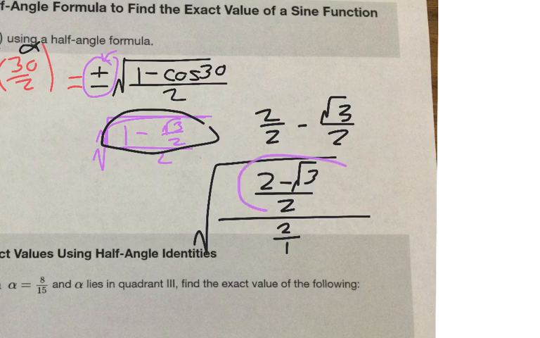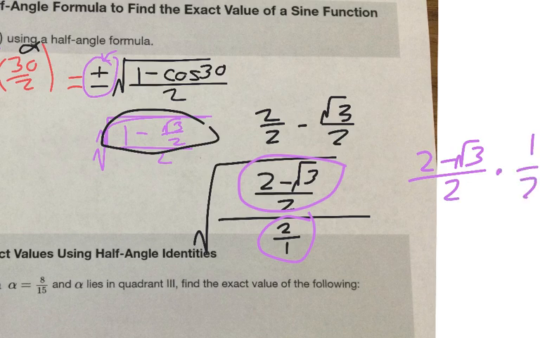So now I have a fraction divided by a fraction. So I'm going to change division to multiplication, and I'm going to flip the second fraction. That would leave me with 2 minus radical 3 over 4. And again, this was all underneath the radical.